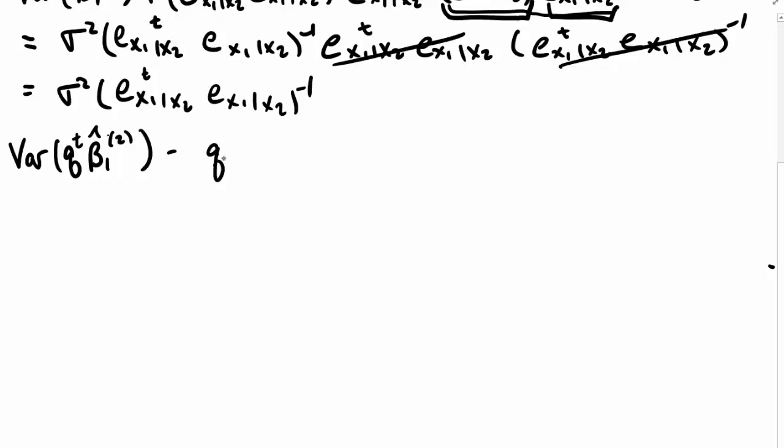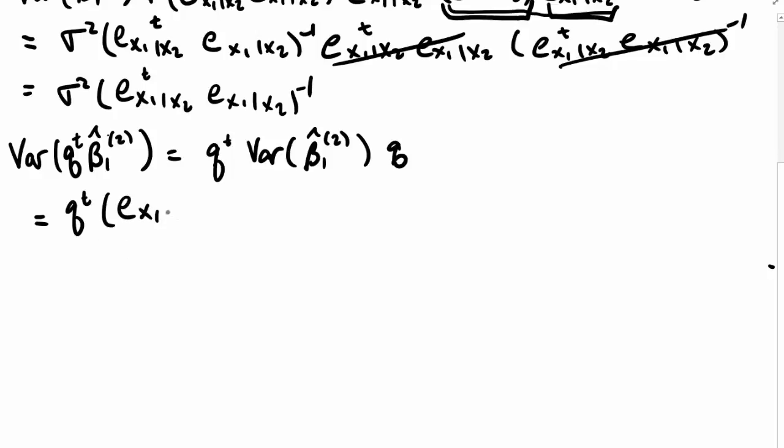That's equal to Q transpose times the variance of beta 1 hat fit under model 2 times Q, which is equal to this residual variance here: e X1 given X2 transpose e X1 given X2 inverse times Q.